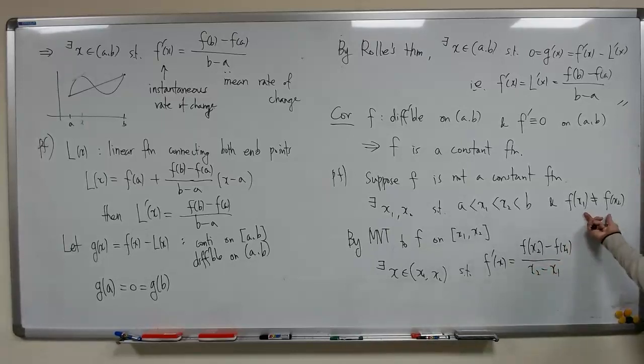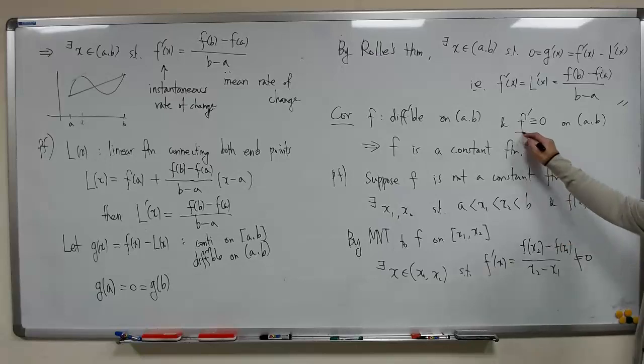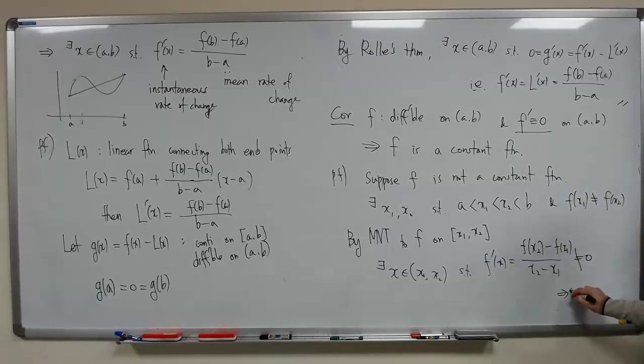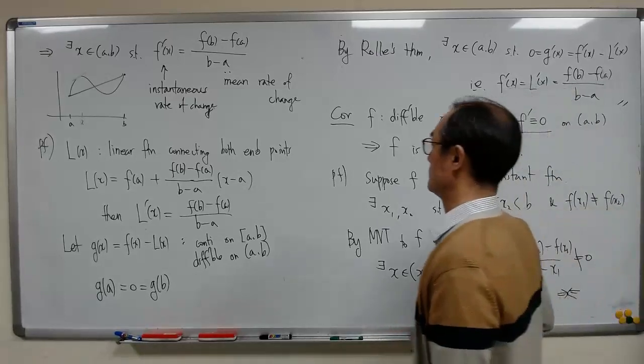Since their values are different, this quotient is non-zero. That contradicts our assumption that the derivative is always zero.